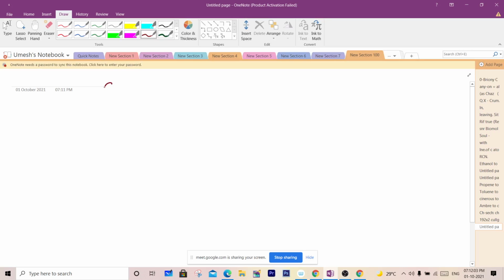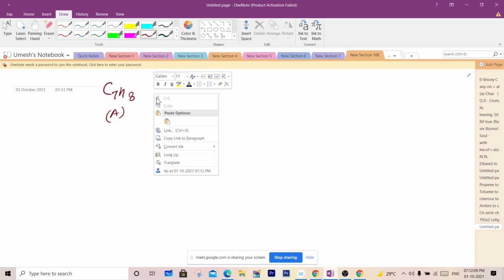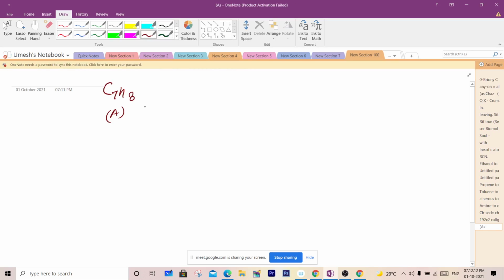I have a molecular formula C7H8, right? It is treated with chlorine in the presence of FeCl3. Some product B is formed.